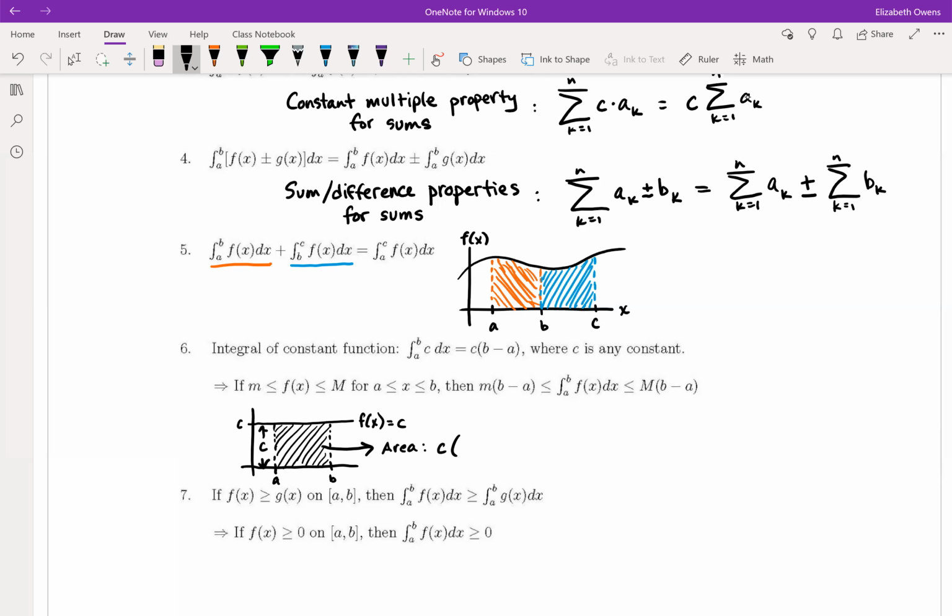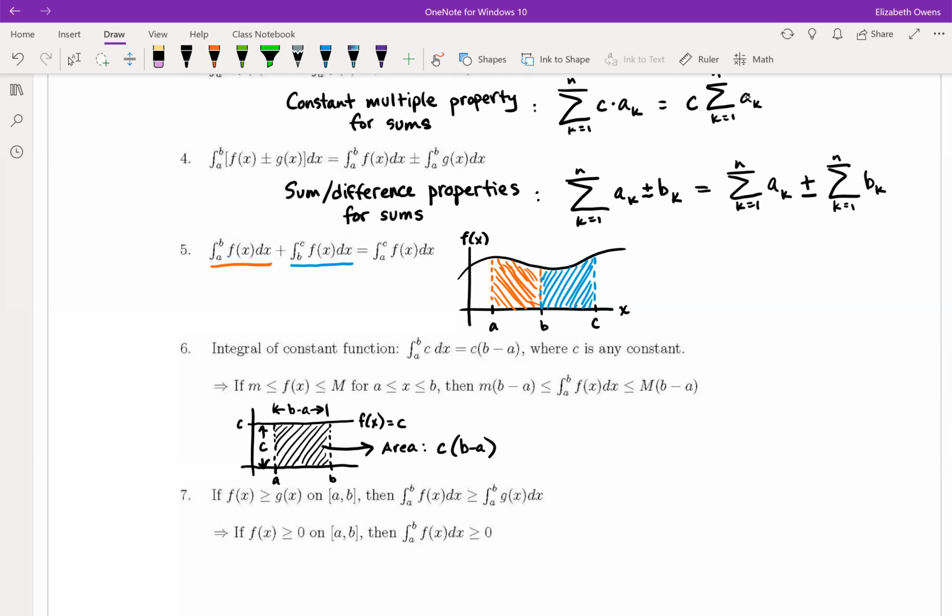And then the width of the rectangle is b minus a units. Right, from side to side there. So c times b minus a would give you the area of that rectangle. And so that's why we end up with that formula for the integral of a constant function. They're representing the same thing.